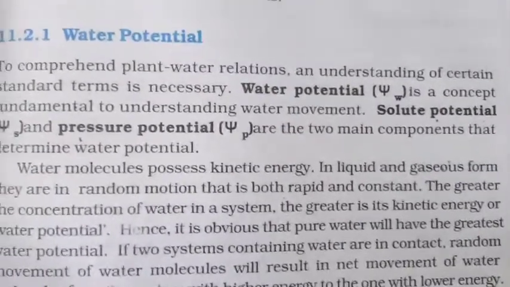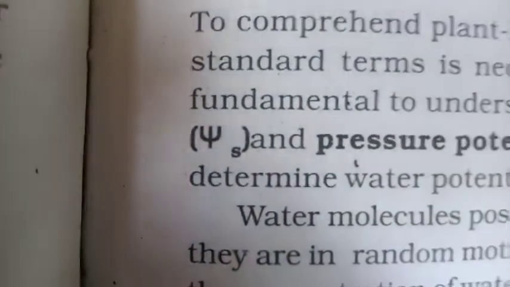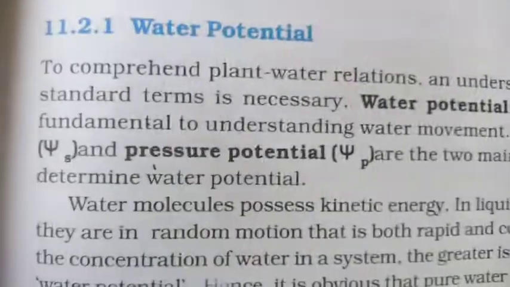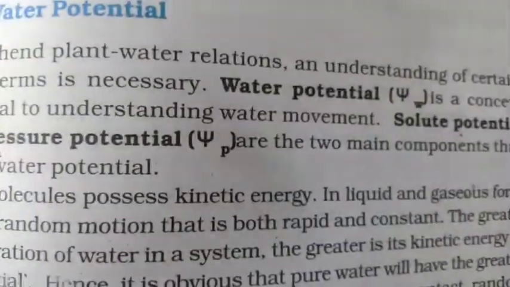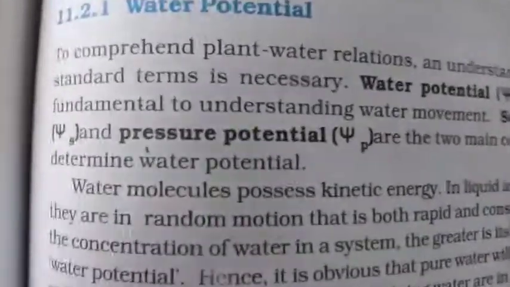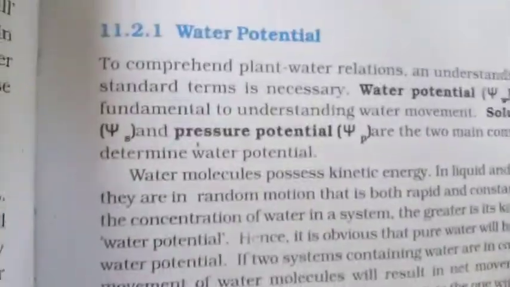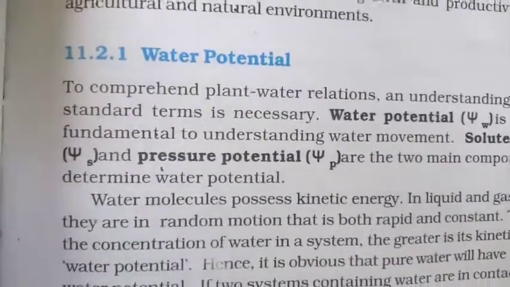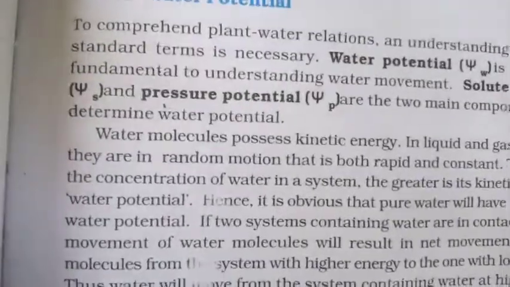A solute potential, denoted by psi s, and the pressure potential, denoted by psi p, are the two main components that determine water potential.